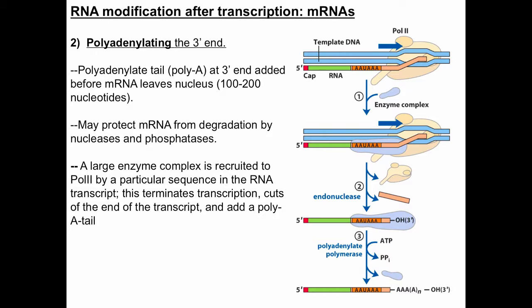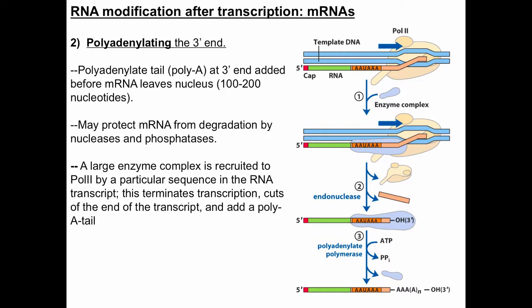The way this works is that a large enzyme complex is recruited to Pol2 when the polymerase encounters a specific RNA transcript sequence, which terminates transcription.